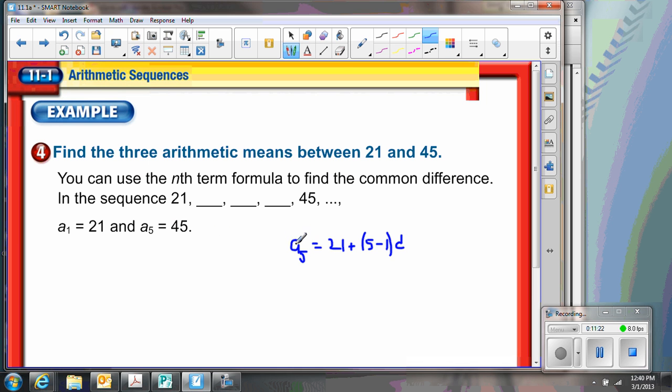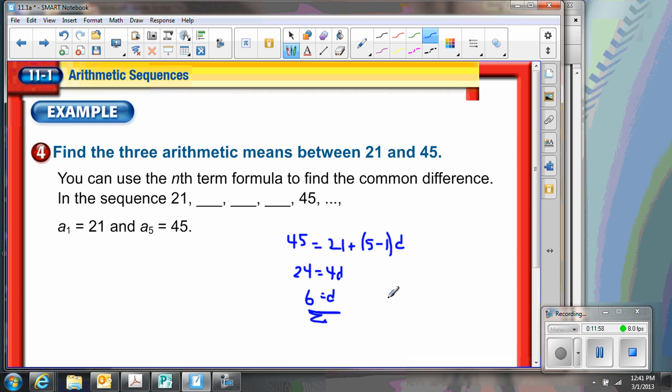Keep in mind, I know what the fifth term is, so I can take this out and write in its place 45. So this now says the fifth term can be found by 21, the first term, plus 5 minus 1 times d. If the fifth term is 45, now I can simply solve for d. So I'll subtract the 21, which puts me at 24, equal to 4 times d. Divide by 4, which puts my d as 6.